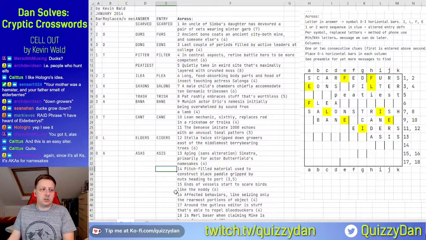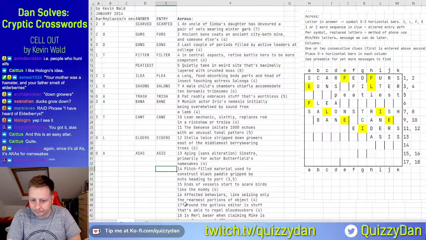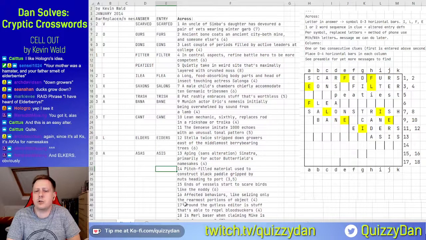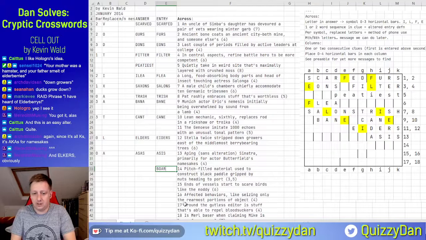Okay, 14. Pitch-filled material used to construct black paddle, gripped by nuts heading to port. Pitch-filled material. Feels like it's a definition. Used to construct black paddle. Oh, that T might be useful. Gripped by nuts heading to port. That'll be stun, because nuts will be backwards.